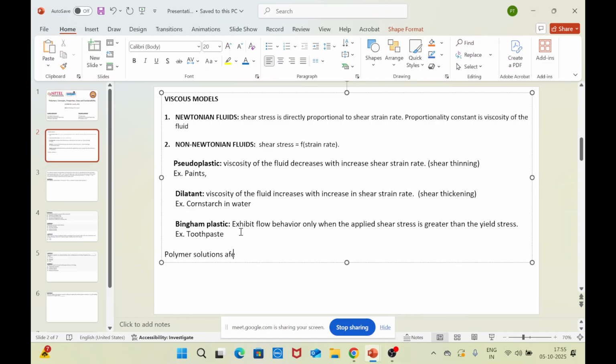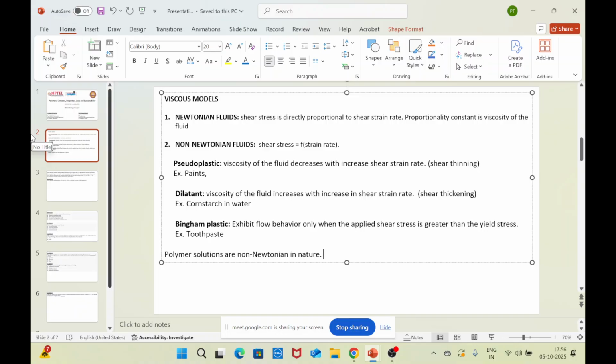Polymer solutions are non-Newtonian in nature. The majority of polymer solutions, because of their high viscosity, again we discussed this before, exhibit non-Newtonian behavior.